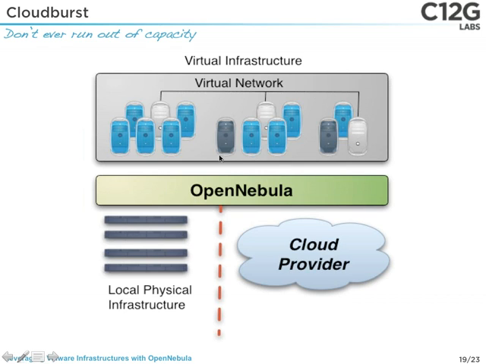OpenNebula can outsource some of the virtual machines to a public cloud provider, like for instance Amazon EC2, to create a bigger virtual infrastructure than is achievable using your local resources.